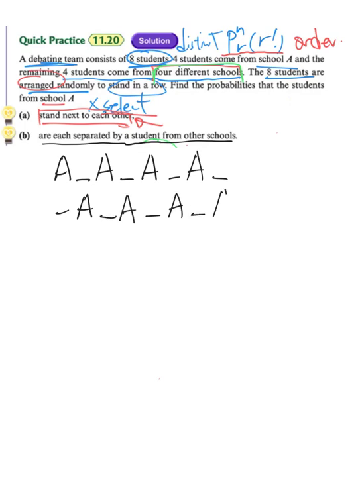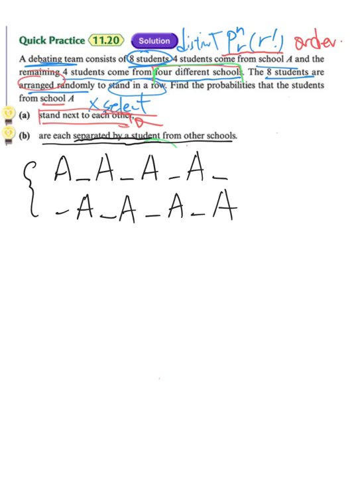In order to arrange them in a row, but at the same time the students from school A are each separated by only 1 student from other schools, it's like this. We only have these 2 situations, and the mechanism is the same.